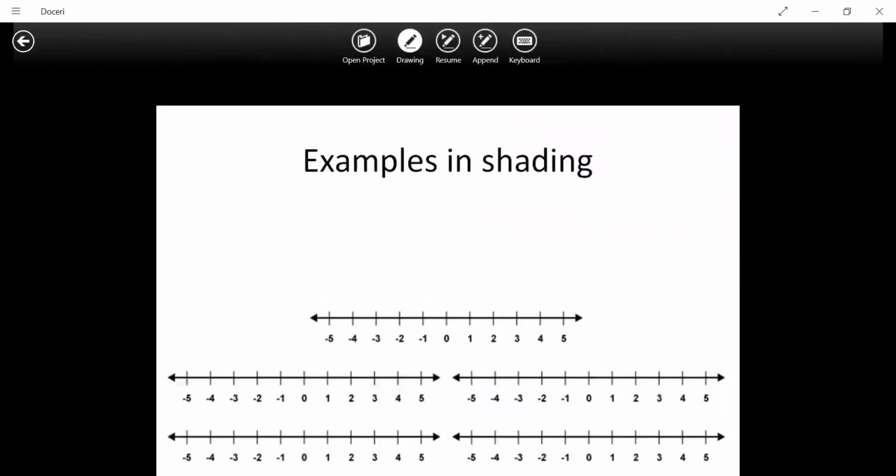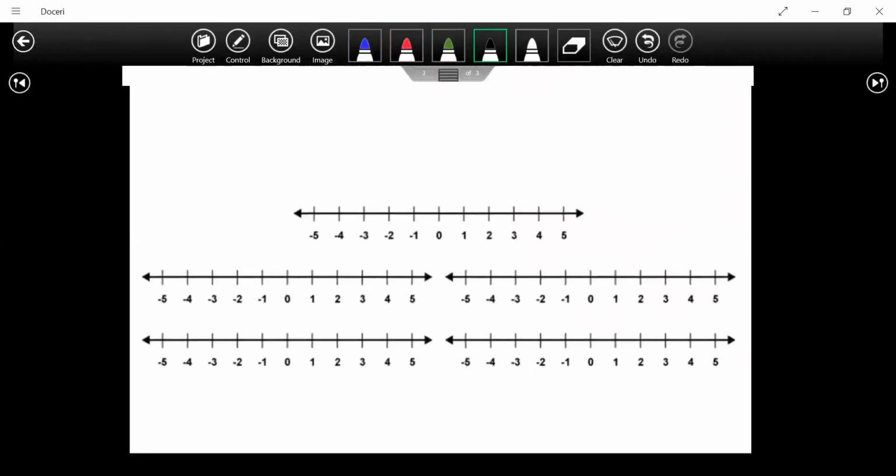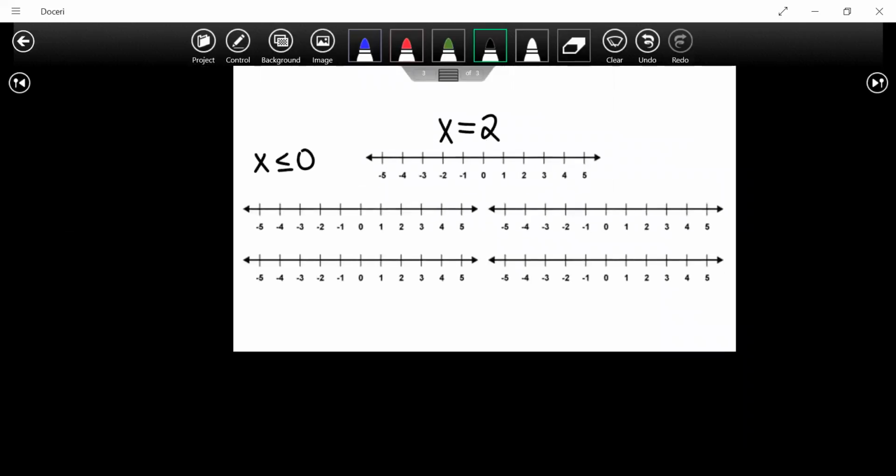Looking at this here, examples of shading. Give me 5 different lines. We're just going to look at the different types. We can get x is equal to 2. We'll do x is strictly less than 0. x is less than -1.